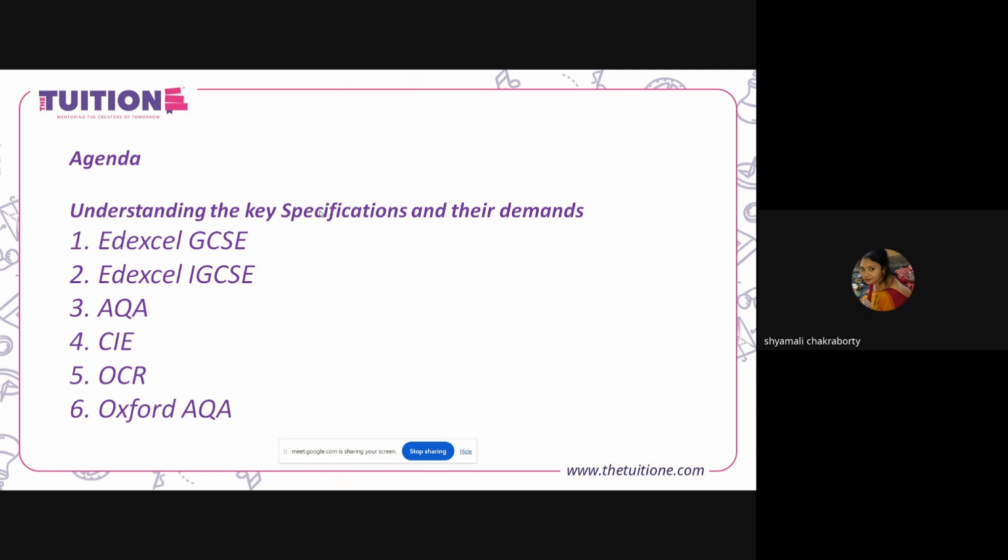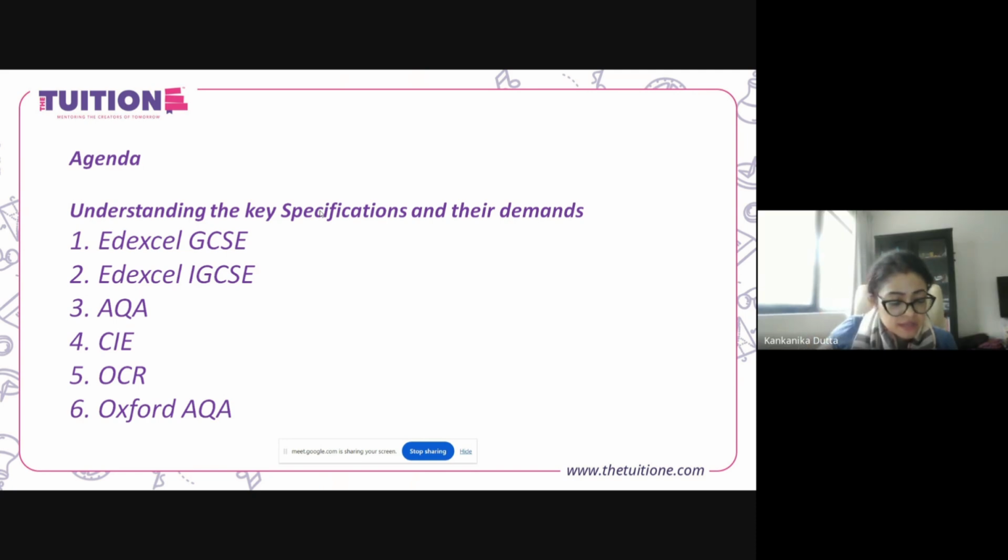Before I get into the details and the nitty-gritties, how would you describe these boards? What do you feel about the assessment techniques, the curriculum and whatever books they use?